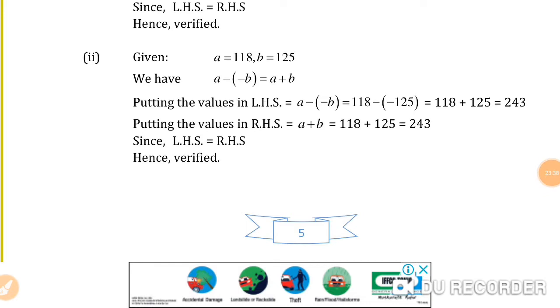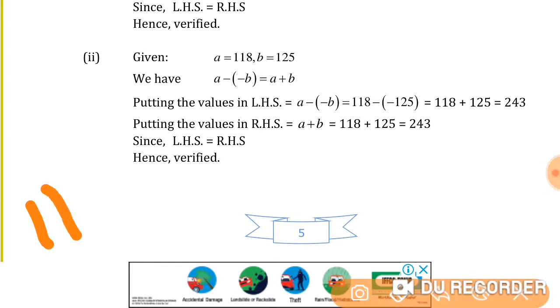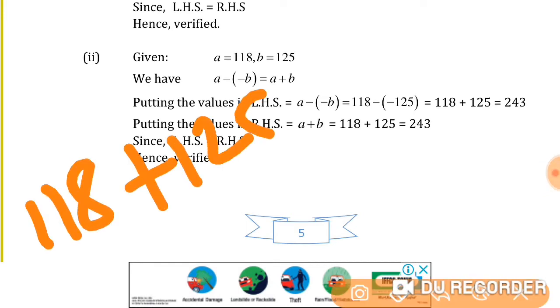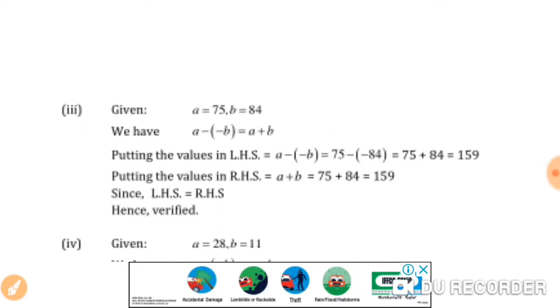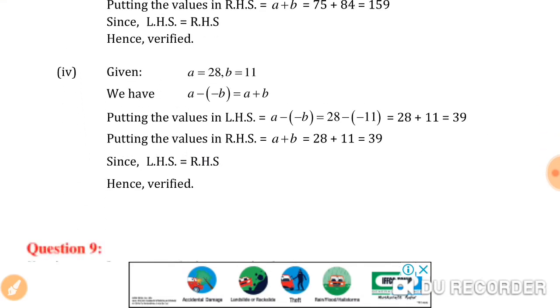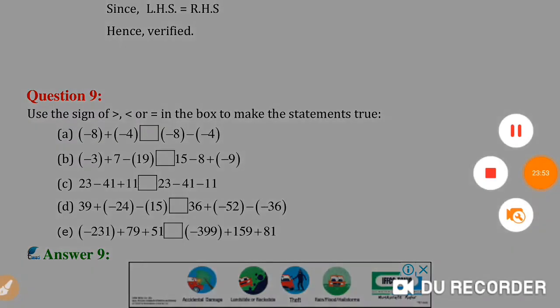You can check. Or directly, if you add 118 plus 125, you'll get the same answer. Sorry, 125. Okay. You can check C and D also. By verifying those, you'll get LHS equal to RHS, in a systematic way we can write.